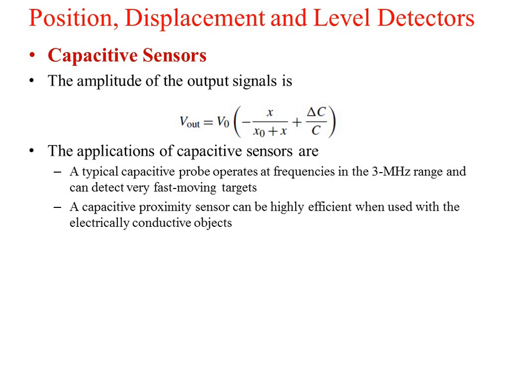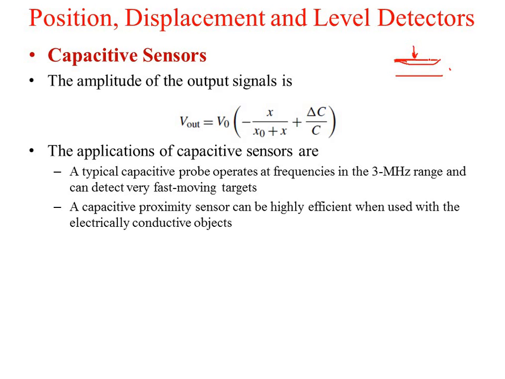I'll give you an example of displacement. This plate is a moving plate and this plate is a fixed one. There is a dielectric between them, and if you put pressure on this plate, it will displace, so it will act as a transducer. So this D is going to change, because of the pressure applied.